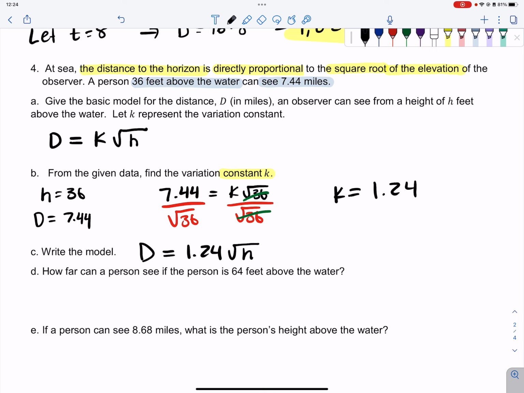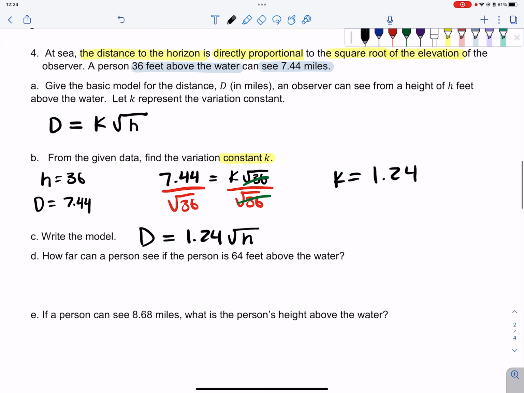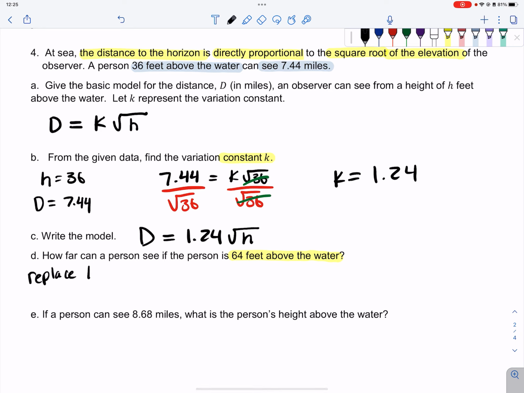And now we have a couple quick questions that we can answer regarding this situation. We are asked, how far can a person see if they are 64 feet above the water? So this is telling us their height, so we want to replace h with 64. And then we need to solve.